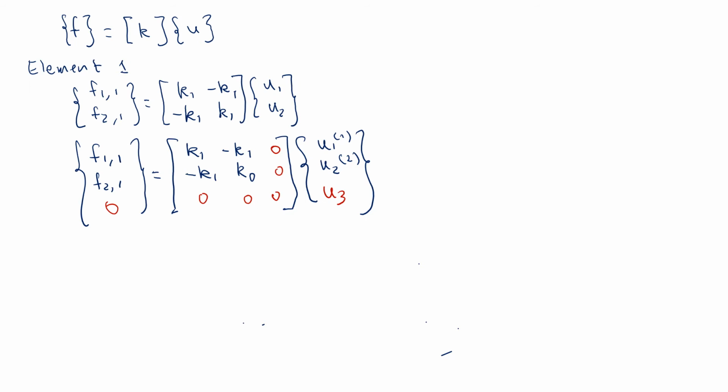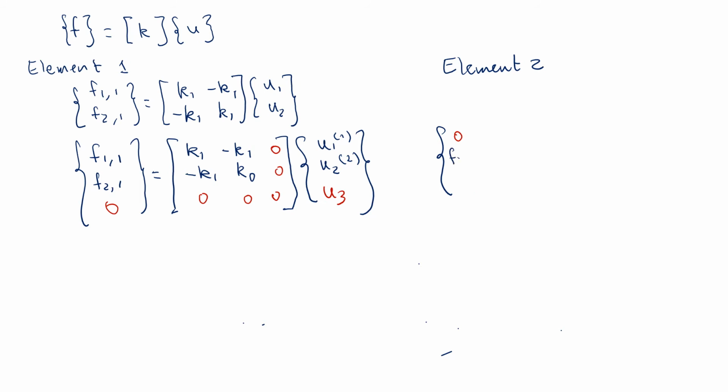Okay. We can do the same for element 2. I'm going to skip the first step here, so I'm going to go directly to write the element stiffness equations. Node 1 is non-existent, so we're going to have a 0. Then I'm going to have F2,2 and F3,2. Let me write them in blue to be consistent.